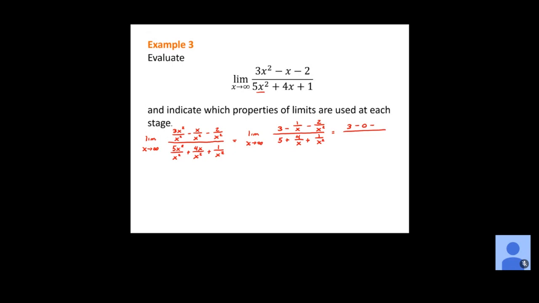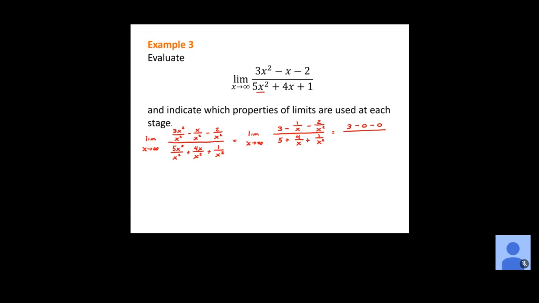Now, the limit as x approaches infinity of 2 over x squared, remember we said that if it's x to some rational power, that limit should always be what? 0. And it doesn't matter that we have a 2 in the numerator here, because that denominator is growing exponentially in this case. So this is still going to be approaching 0, no matter what that numerator is, as long as there's no variable there. If it's just a number.